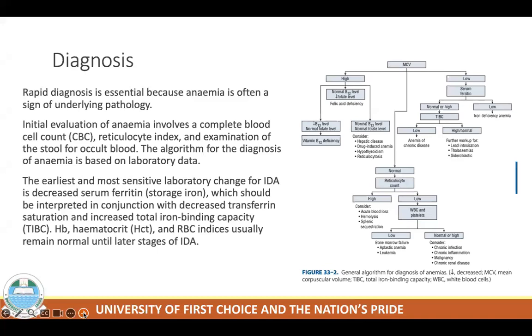Now, initial evaluation of anemia involves a complete blood count. Almost everybody in this class would have had a complete blood count at one point or the other, right? And once a complete blood count is done, it's usually done under a microscope, right? And statistically, you are given a result. Now, from that result, you can diagnose if there's anemia or not.